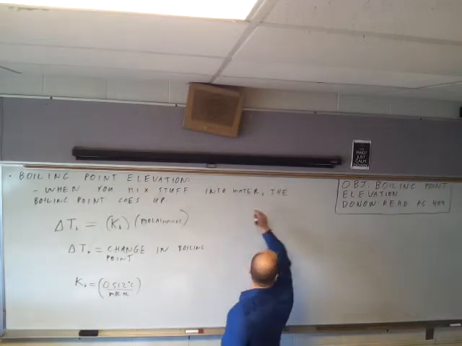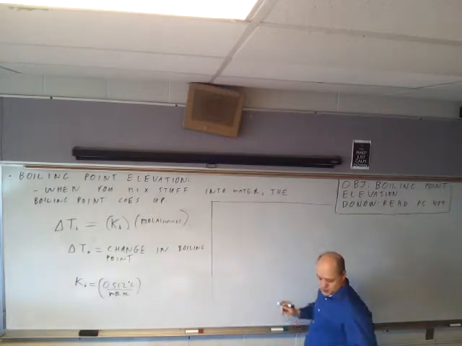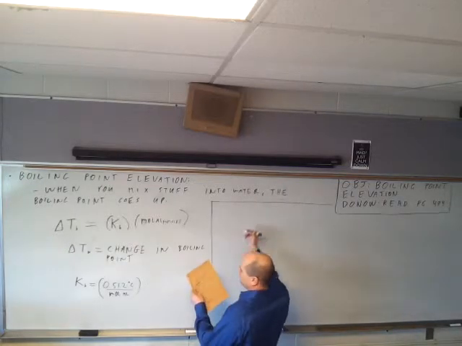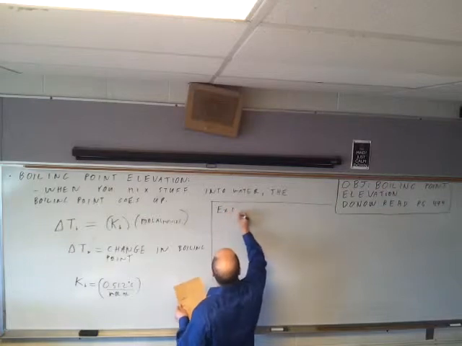Okay, let's start here. All right, so we're going to do a problem with this, and I'm only doing one problem, so make sure you write neat. All right, so example 1.